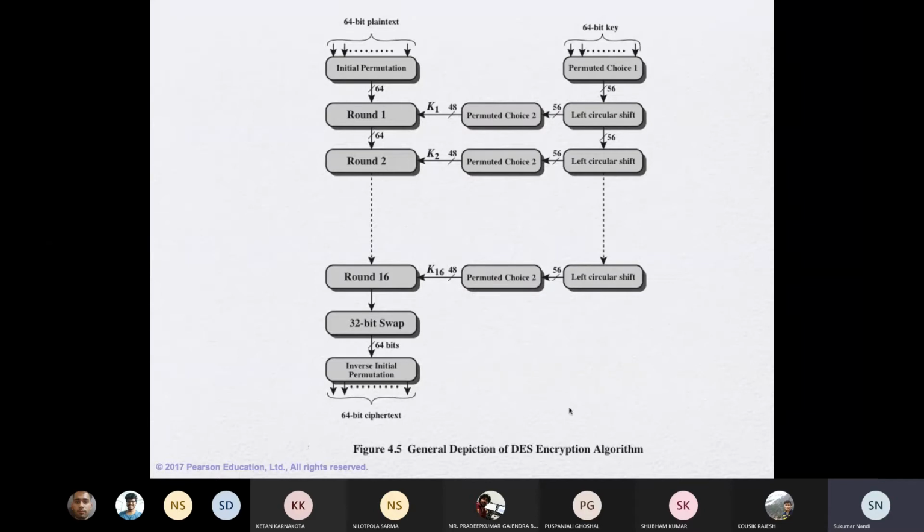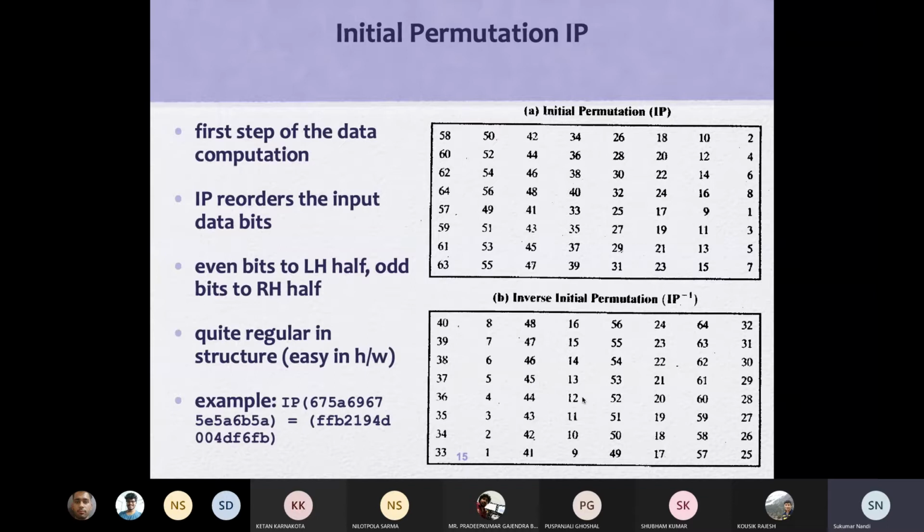In last class, the most important thing we discussed is the initial permutation, why it is needed, and that it can be any kind of permutation. As per DES, they mention this permutation, but anyone can change it to their own, including the inverse permutation.